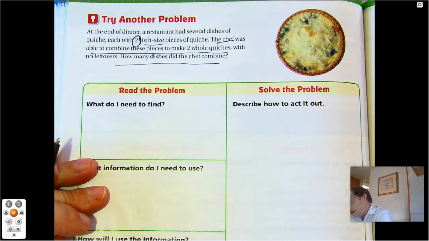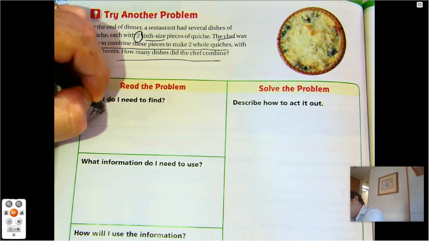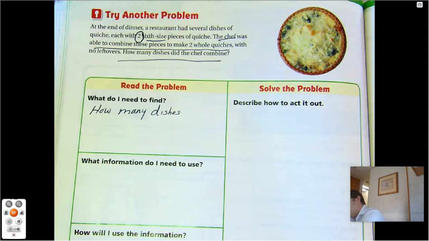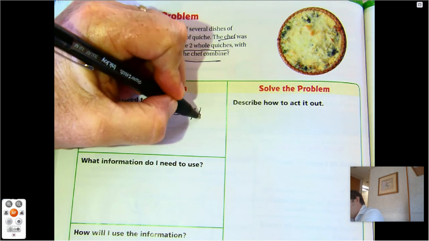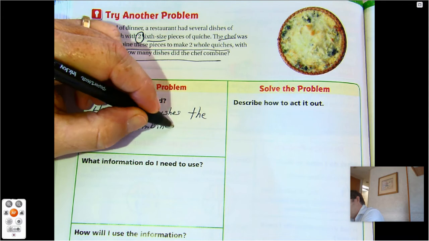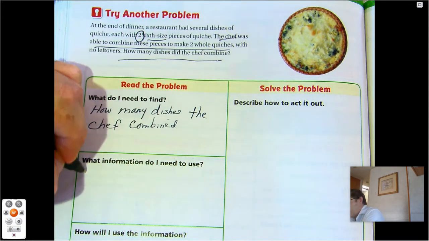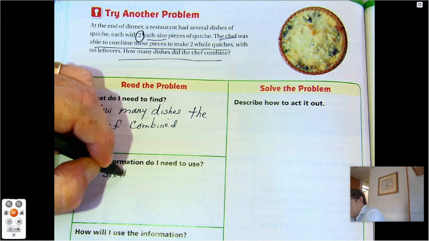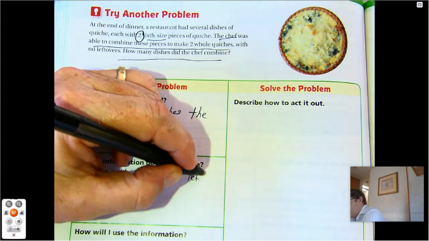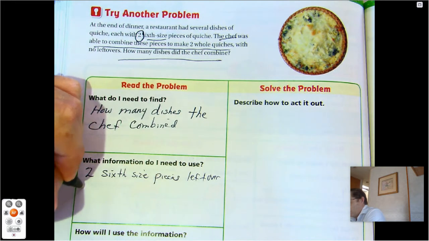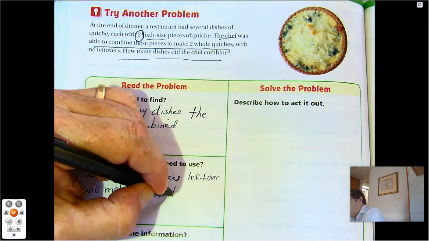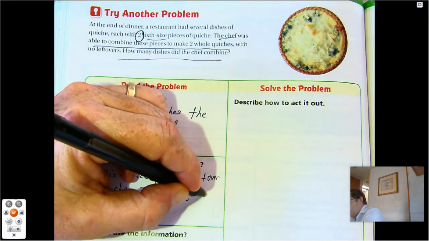Okay, so what do I need to find? How many dishes the chef combined. What information do I need to use? 2 sixth-size pieces left over will make 2 whole quiches.